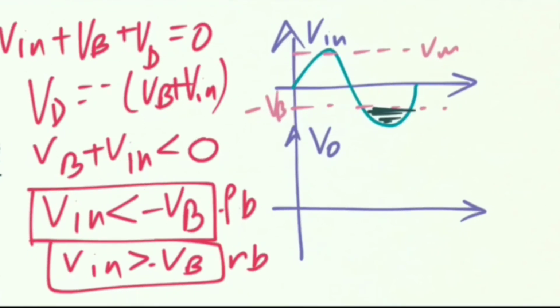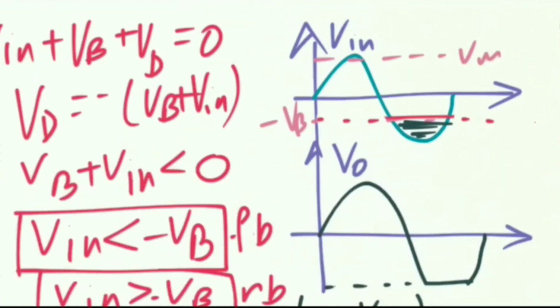So the output graph will look like this, where this value is minus Vb. Here you can see that below this DC level of minus Vb, the signal has been clipped, so it's a negative clipper circuit which is parallel and biased.